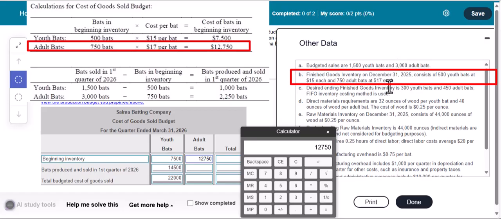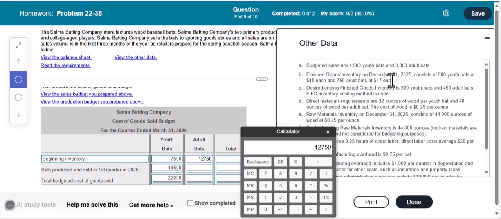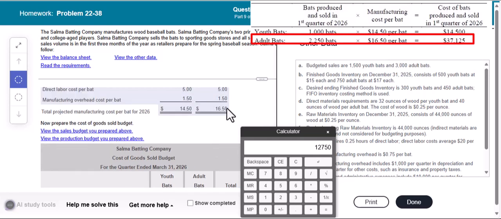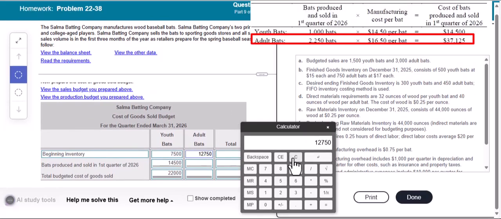So now we need to figure out what the rest, the 2,250 leftover bats, are costing us. And again, that's going to be at the new cost here of that $16.50, since we are in a new quarter here. So let's go ahead and calculate that. So that's going to be 2,250 leftover bats that we are producing and selling in 2026 at a cost of $16.50.